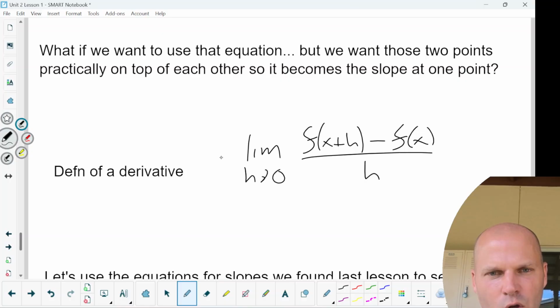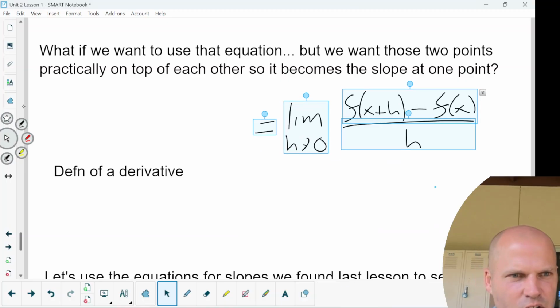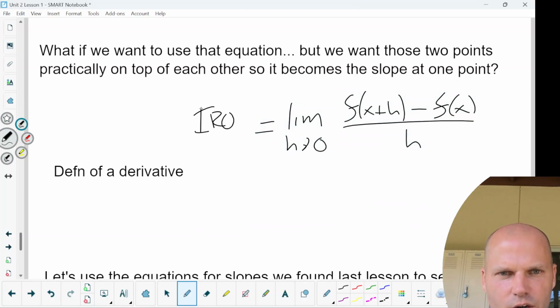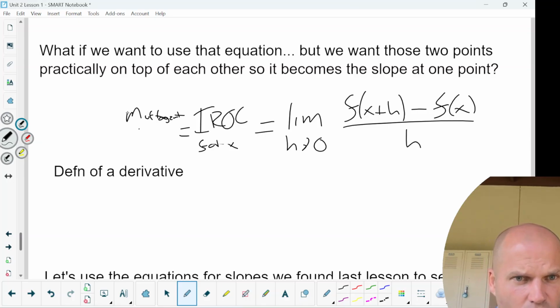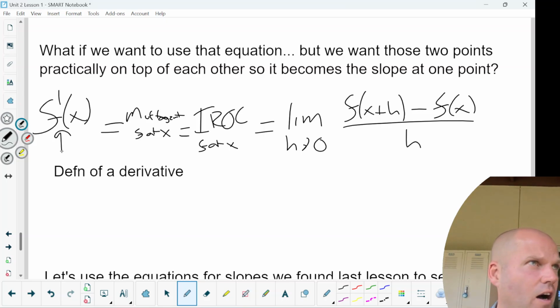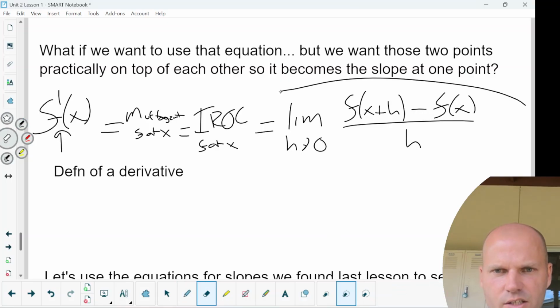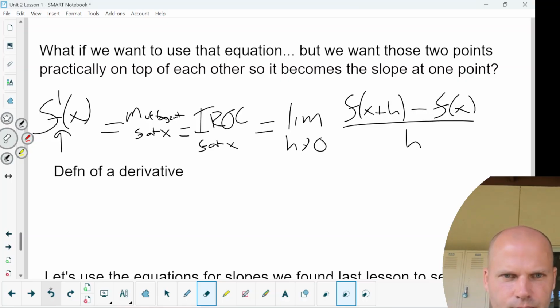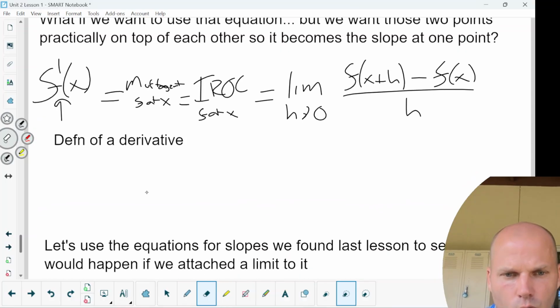And all of a sudden, we will be able to produce not an average rate of change equation, but an instantaneous rate of change equation of f at x, which is the slope of the tangent of f at x, which is f's slopes at x, or the derivative of f. The definition of a derivative is just this: the slope and the limit being married together. Cool.